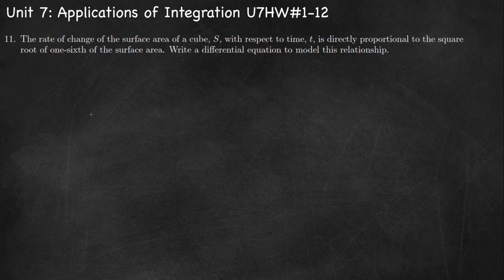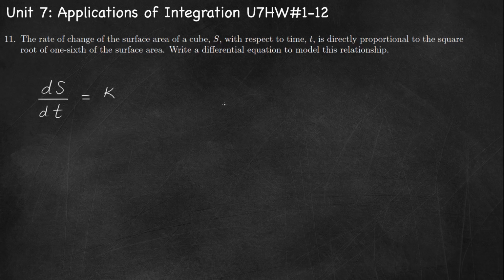Number 11, the rate of change of the surface area of a cube S with respect to time t is directly proportional to the square root of 1/6 of the surface area. Write a differential equation to model this relationship. The rate of change of the surface area, so the derivative of the surface area with respect to time t, so it's dS over dt, is directly proportional to, means we're multiplying by k.